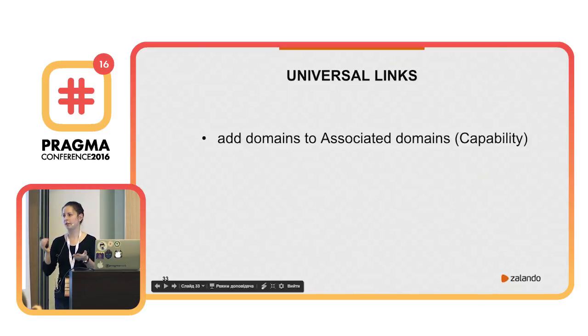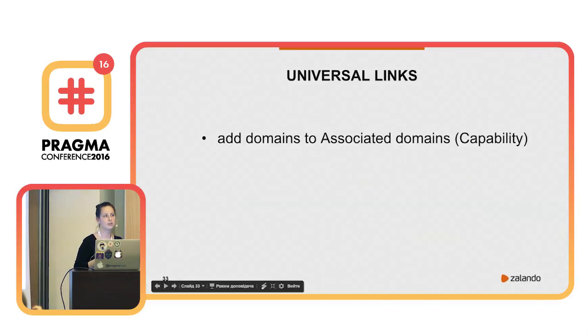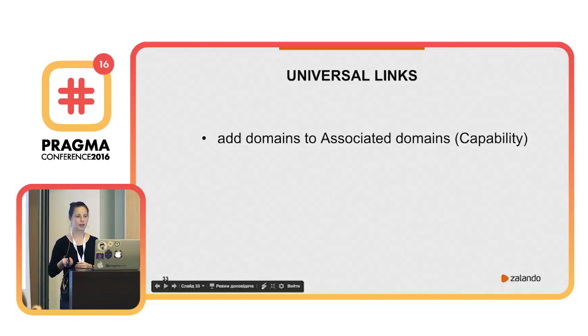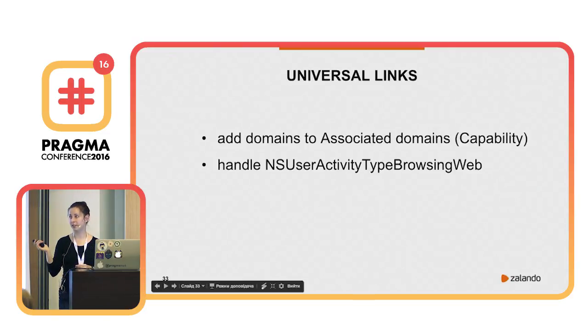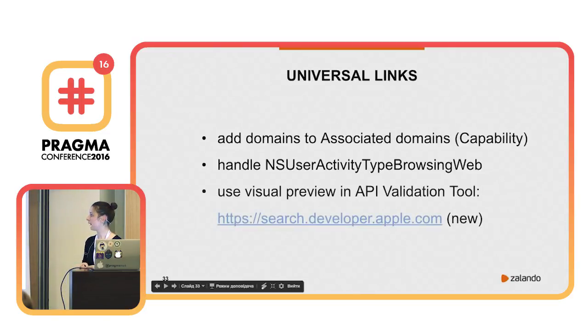For example, if you have Germany, England, Italy, you need to add all these domains there if you handle the universal links. Then you need to handle this activity in your code, in the AppDelegate method. And you can also validate it, so you know if these universal links work properly or not.